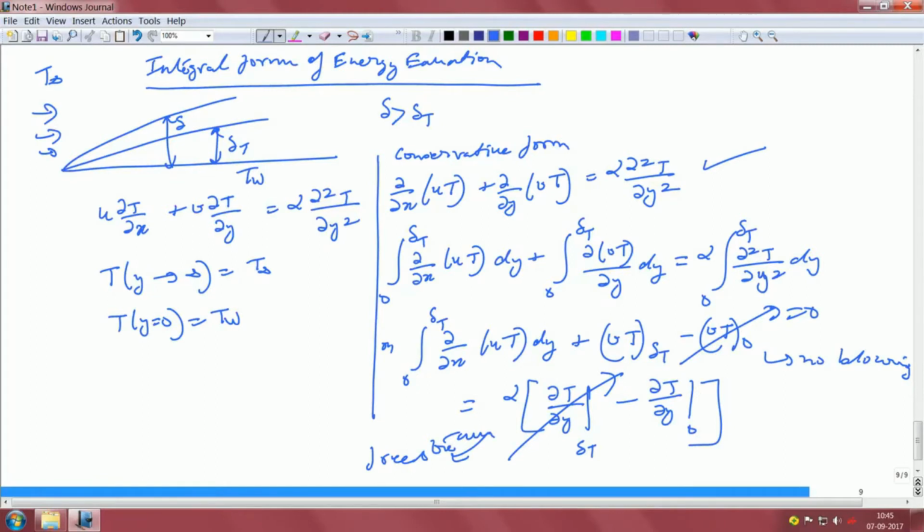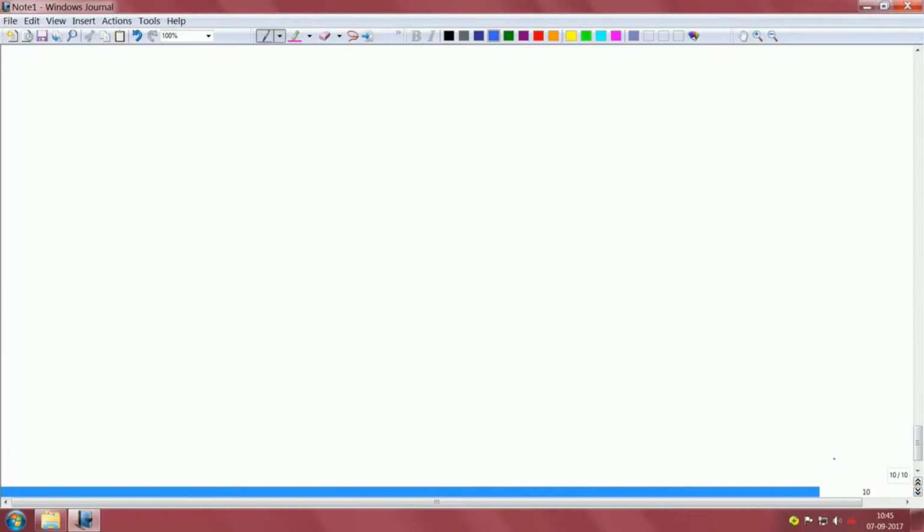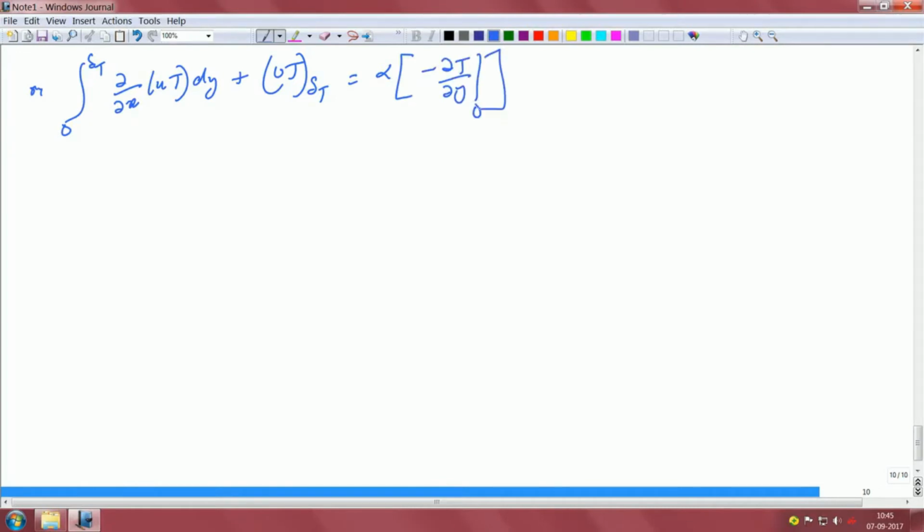Now we can write the revised form of the equation as follows. Got it. That is a revised expression, right.